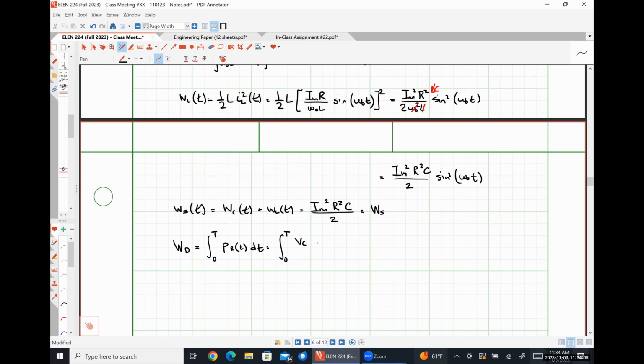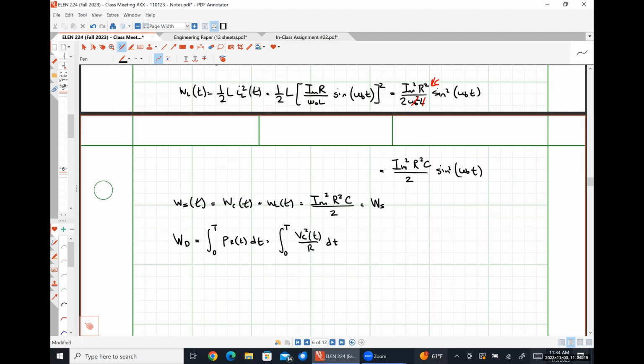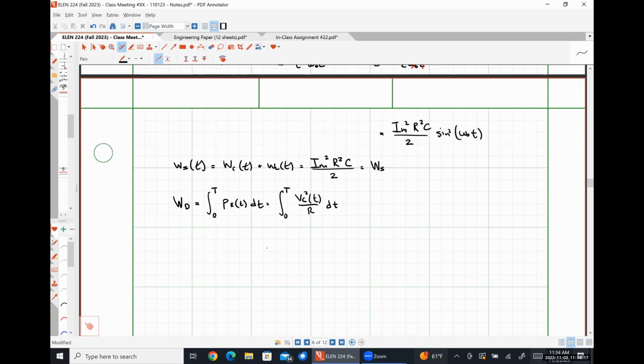So VC of t quantity squared divided by R, which is going to look like the integral from 0 to T of 1 over R times Im R cosine omega naught t quantity squared dt.